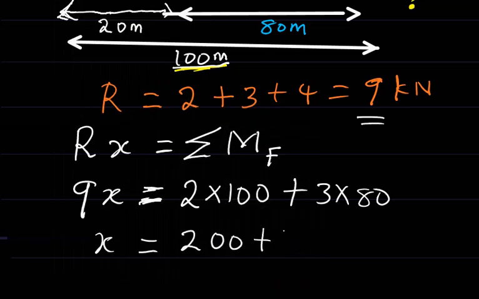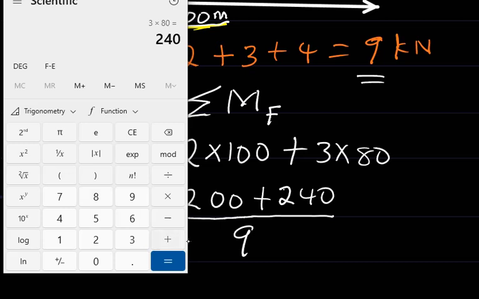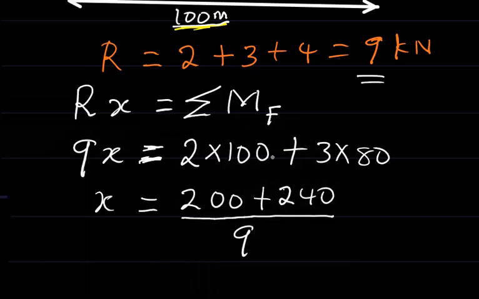So 200 plus 240, divided by 9, is approximately 49. Since the forces are in kilonewton, the distance is going to be 49 meter.